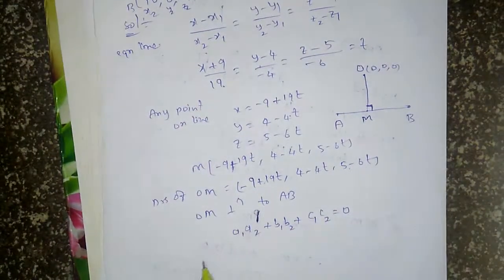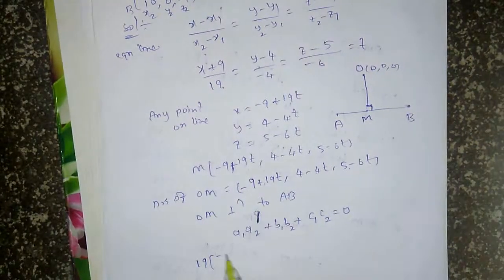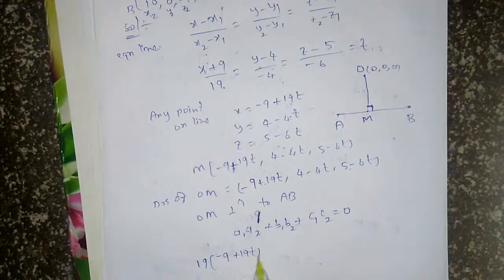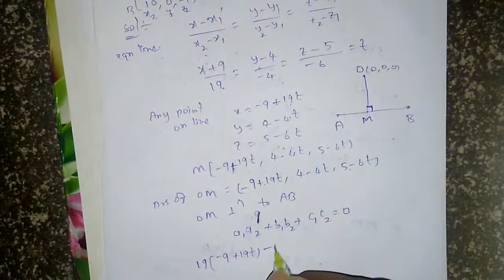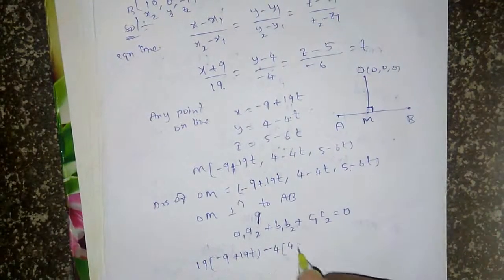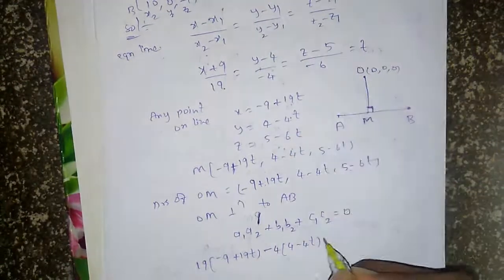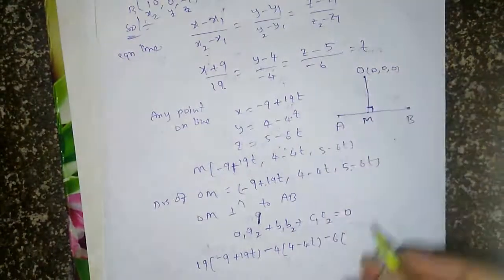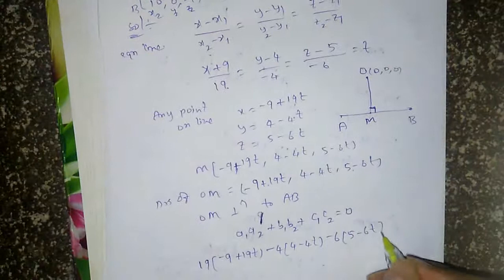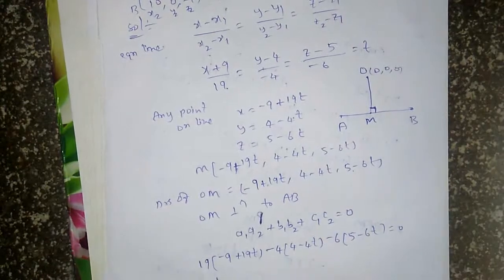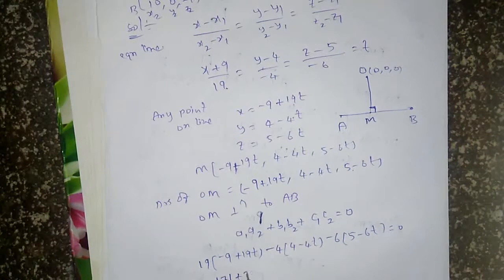Now substitute: 19 into (minus 9 plus 19t), minus 4 into (4 minus 4t), minus 6 into (5 minus 6t) is equal to 0. This is 19 times 9 is 171, 19 times 19 is 361t.